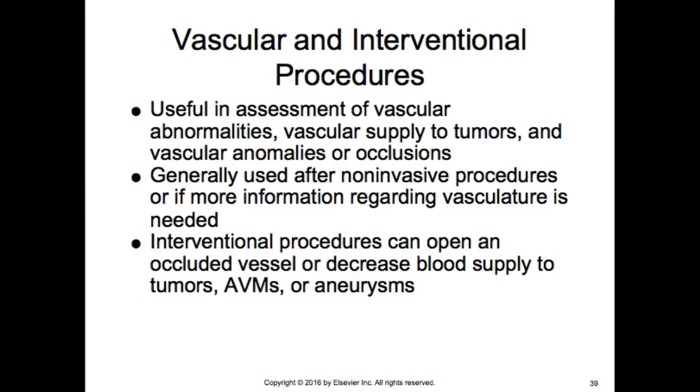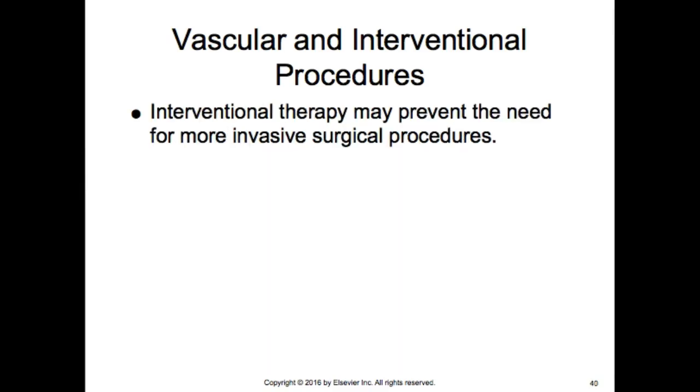So we can just take a look, or we can actually do interventional procedures and work on the areas of deficit or problems. So interventional therapy may prevent the need for more surgeries for the patient, which is really, really cool. So that's all of your central nervous system.